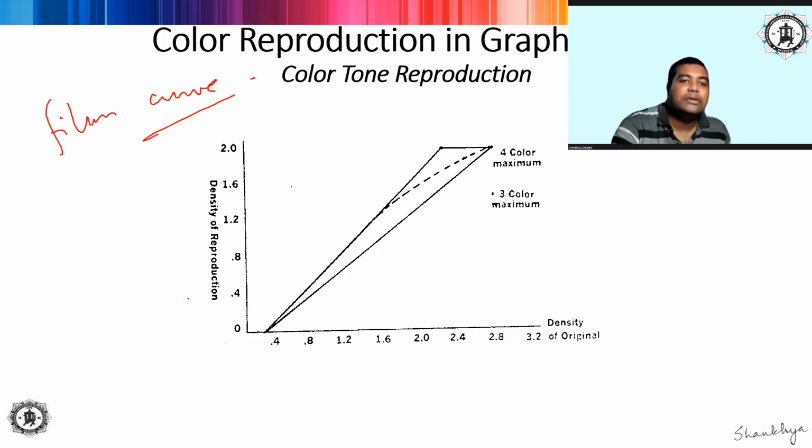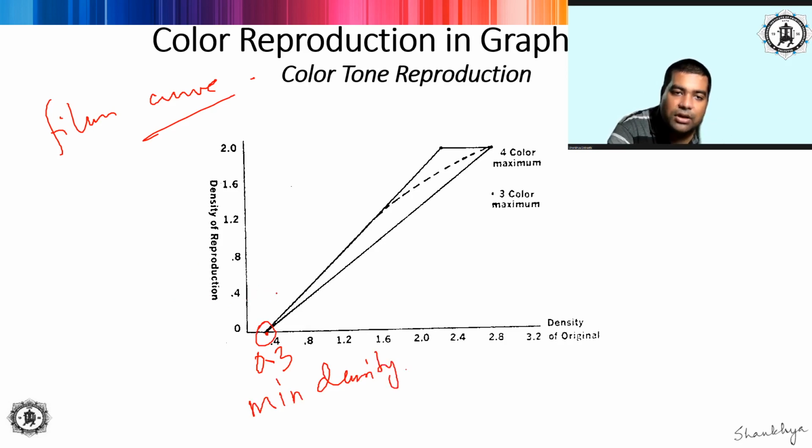For example, in this particular case, the density in the original was, let us say, 0.3. For a density of 0.3, what is the density in the reproduction? It is basically 0. So this is your minimum density that is achievable in your printed reproduction for the minimum density present in your original, right?